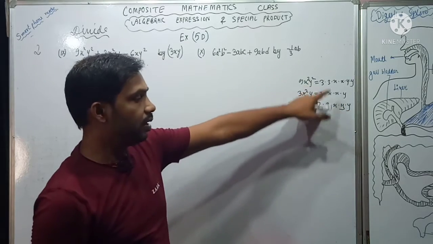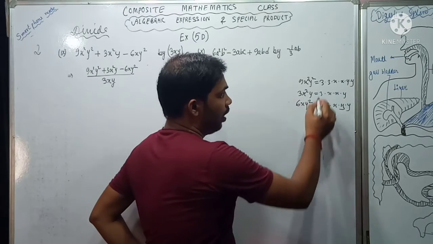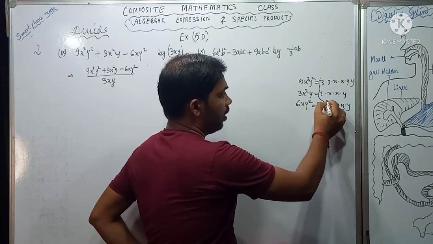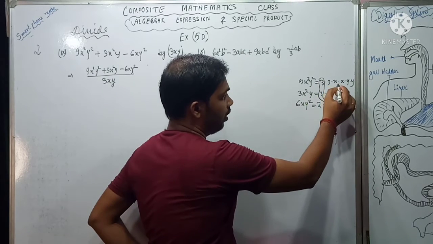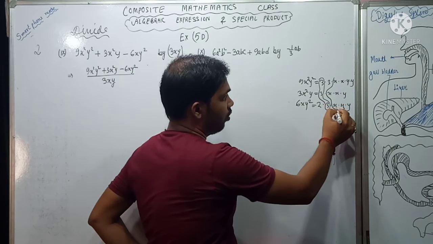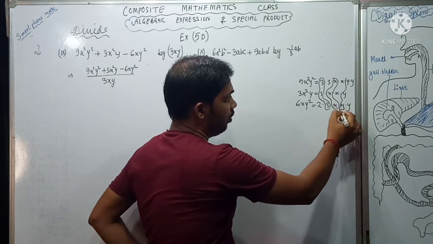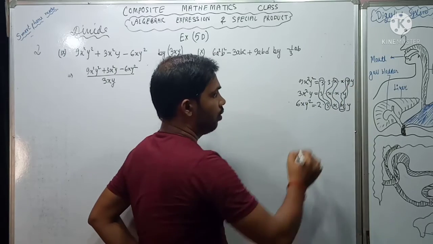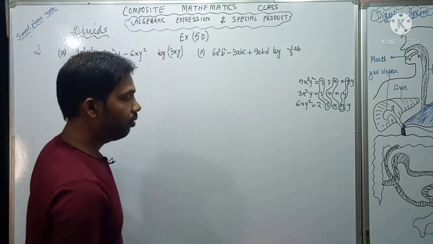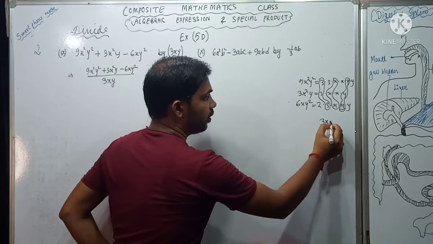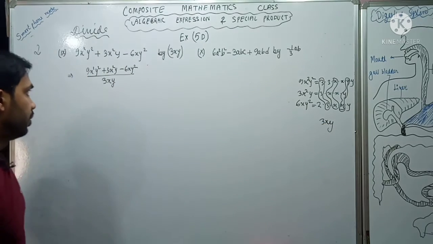So you see in these 3 parts, what is common coming out? First of all, 3 is common. Then next we see that x is common. Next we see y is common.